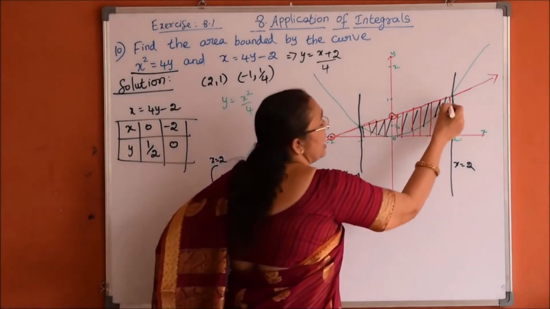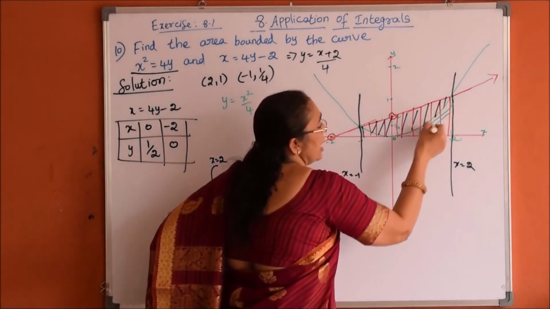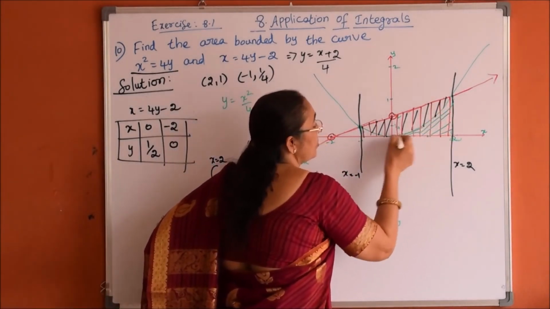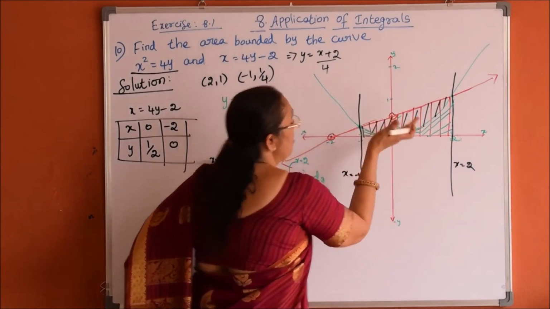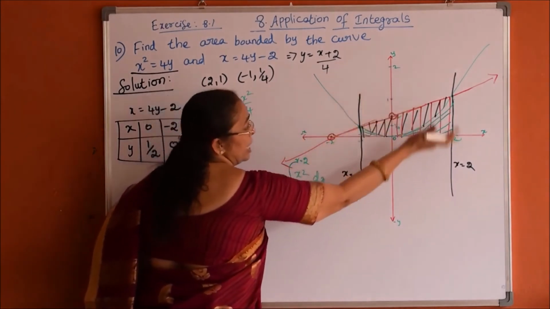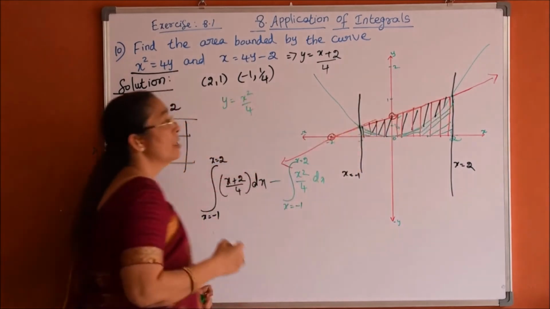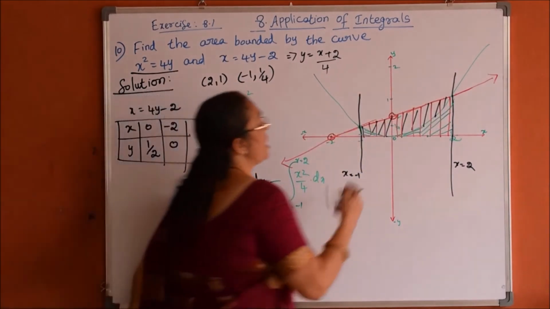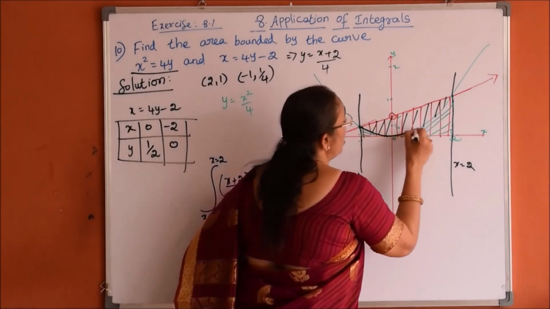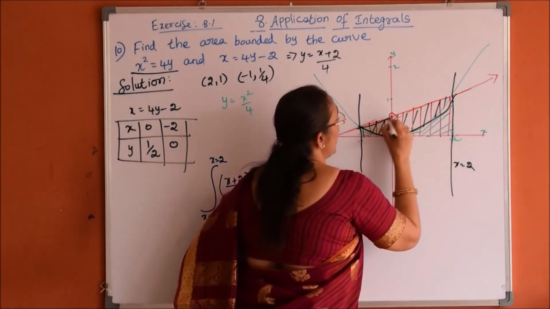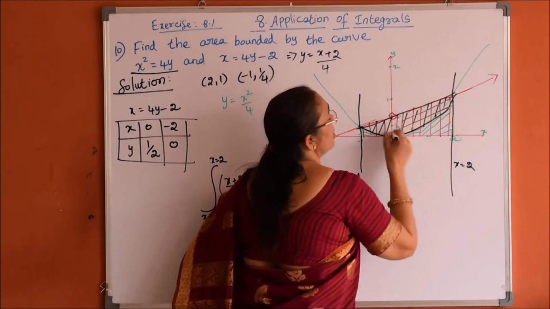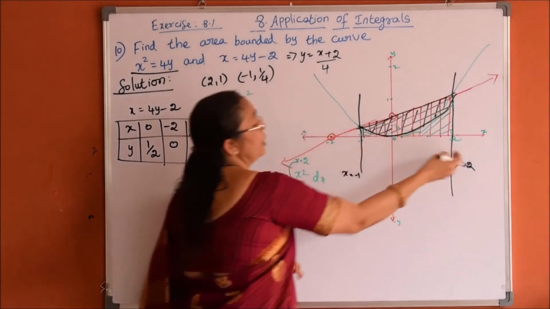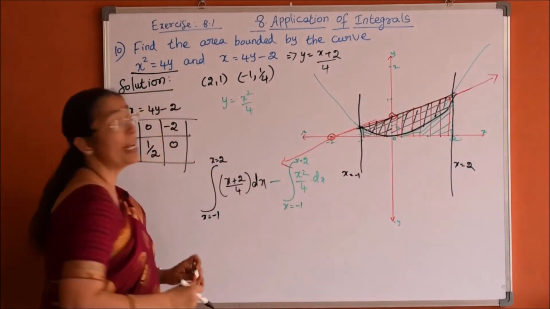So which area am I subtracting? This area we are removing. When we remove it from this bigger area, we get our required area. The required area is nothing but the area between the parabola and the straight line, between the two lines x is equal to -1 and x is equal to 2.